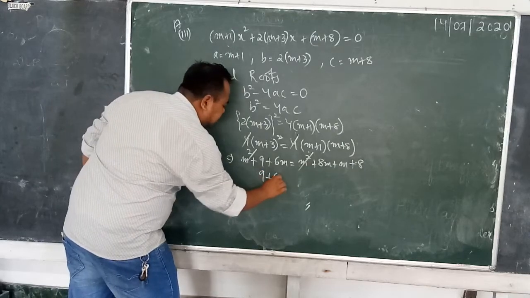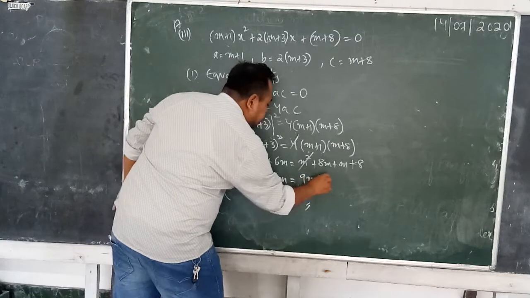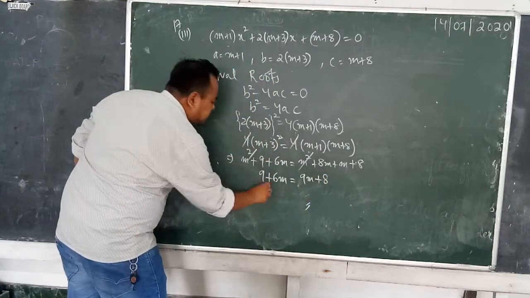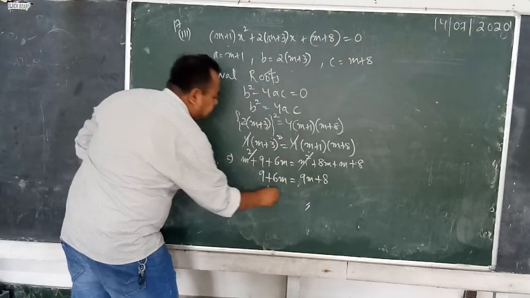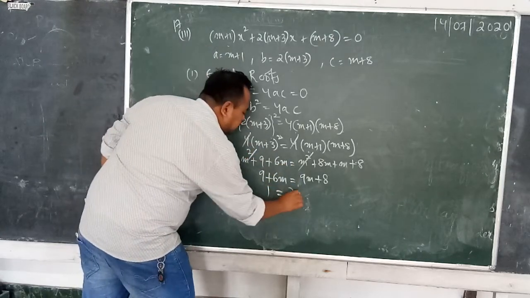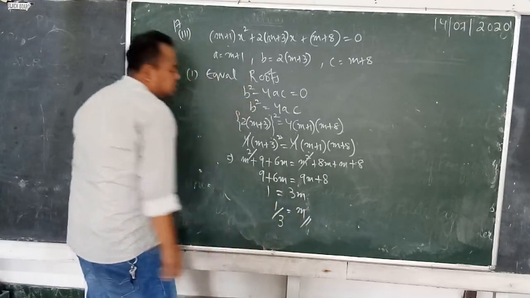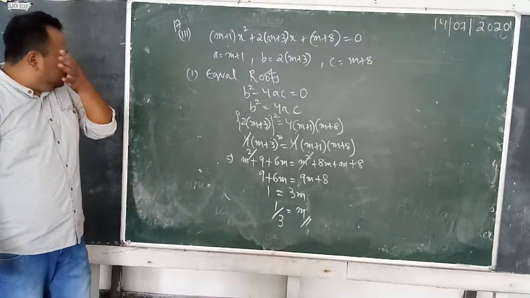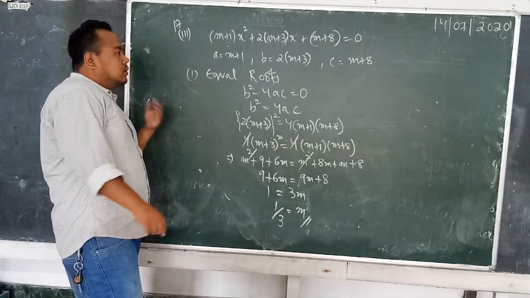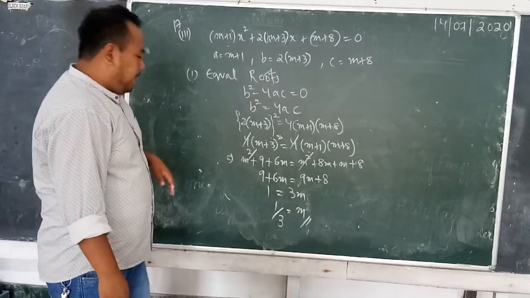So 9 plus 6m equal to 9m plus 8. 8 comes here and becomes 9 minus 8 is 1. 9m, 6m goes that side and becomes 3m. So 1 divided by 3 equal to m. This is the value of m which will make the roots of the given equation equal.